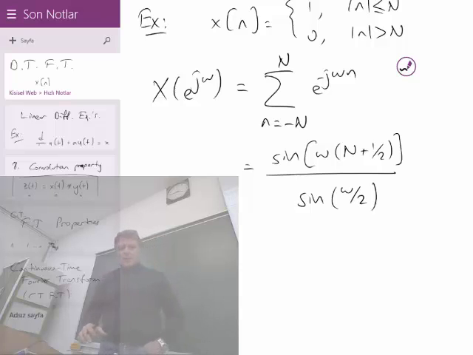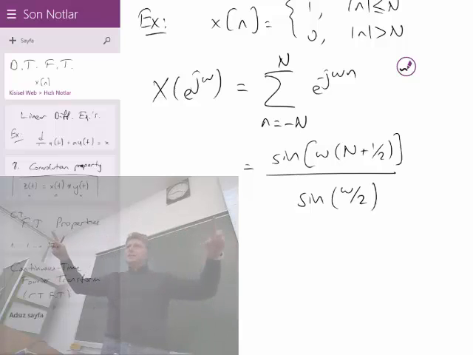For all other omega values, how does it behave? From omega equal to 0 up to pi, the denominator will have an increasing effect. Therefore, the sine above will be damped. It's like the sinc becoming smaller and smaller. You remember the sinc shape? It was like this.